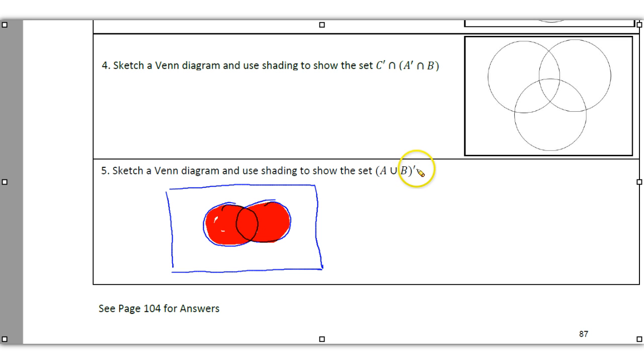They want the complement of this. So the complement of this would be everything that is not in red. So we could use the same diagram. So the answer to this would be what is shaded in yellow.